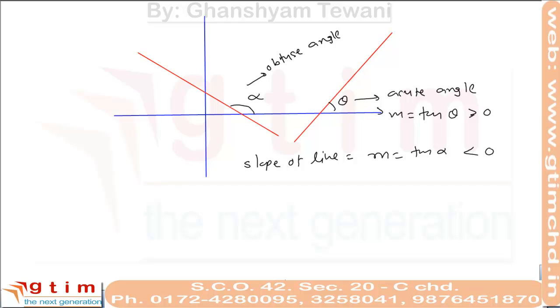For example, if the line is making an angle theta with the x-axis like this, then slope is positive. If the line is like this, that means the angle of the line with the x-axis is decreasing, the angle is becoming smaller and smaller, that means the value of tan theta will decrease. We know that when the value of theta decreases, tan decreases, because tan is an increasing function.